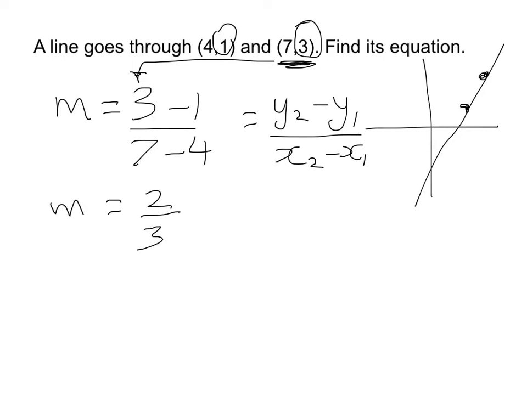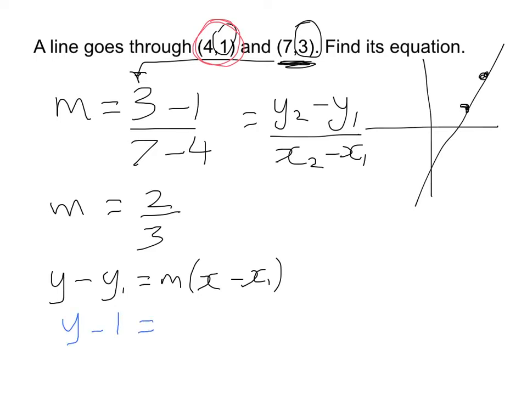Now I'm going to pick one of these points and use y minus y1 equals m x minus x1. I'm going to use this point here, (4, 1). So I just substitute in and I get y minus 1 equals 2/3 (x minus 4). I just need to rearrange that now, and I'm going to leave my line in the form y equals mx plus c.